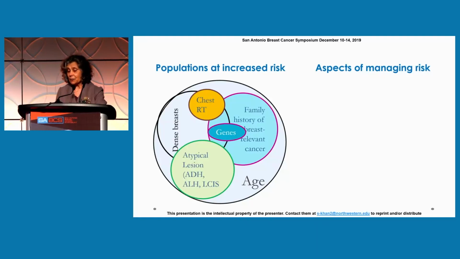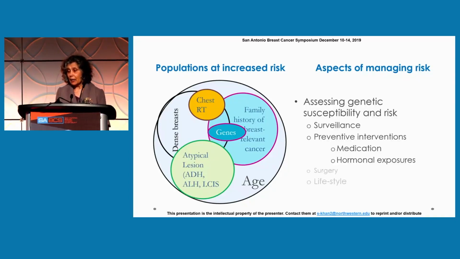And genetic susceptibility is actually a relatively small component of this population. There are many other factors that we know about that contribute to risk and that we have to consider, with age being sort of the overarching modifier that needs to be worked into management paradigms.